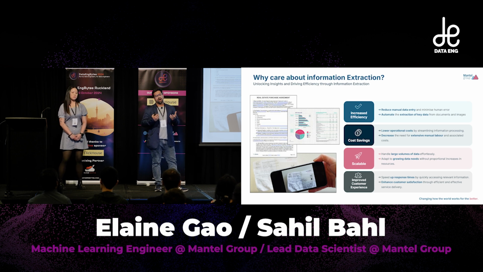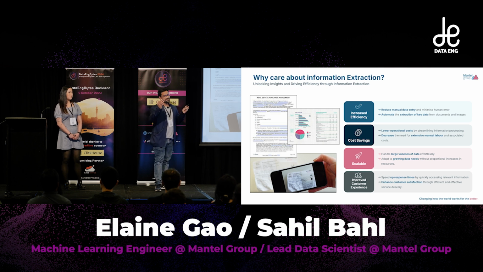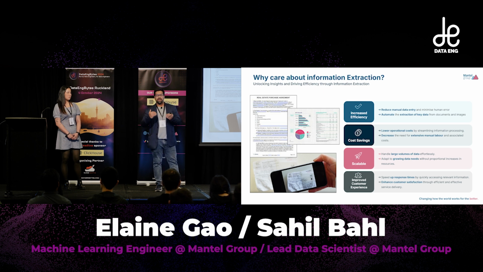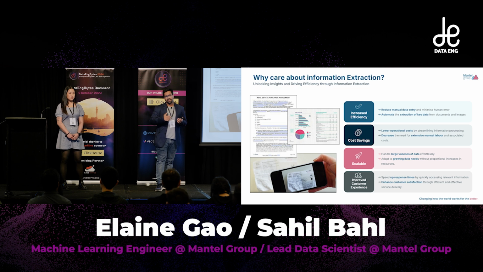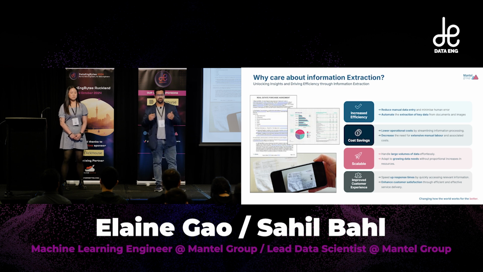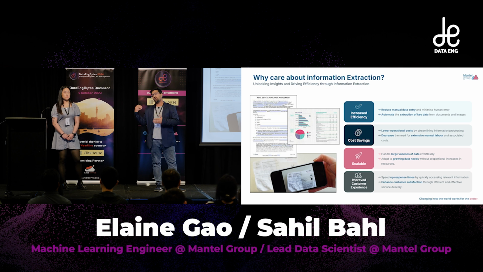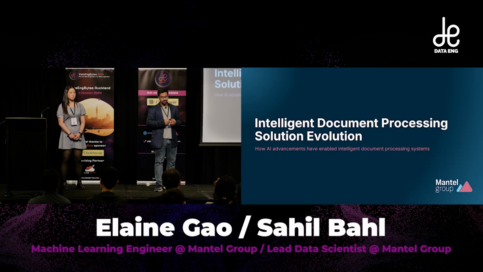So think of rather than us requiring a customer to fill all the given details in a form, how about they just take a picture, it pre-populates all the relevant information required, and they just verify that and get done with the process. So it really helps going beyond operational efficiency to also customer experience.